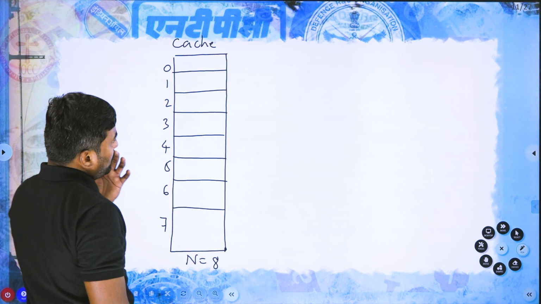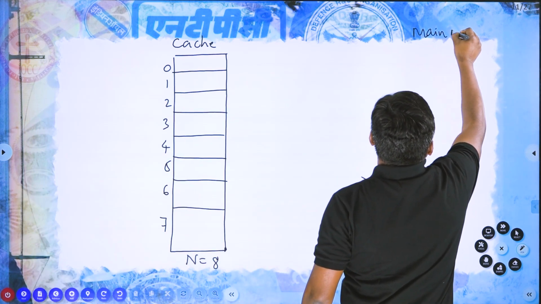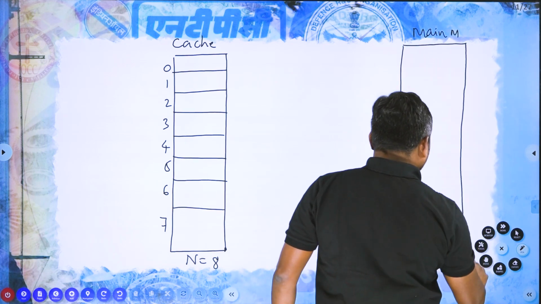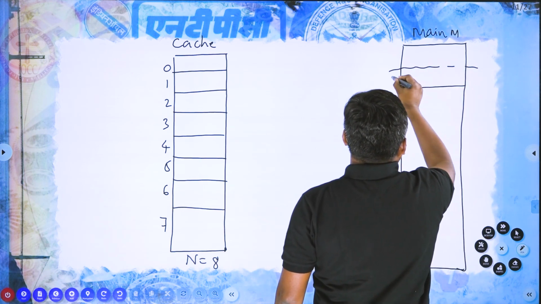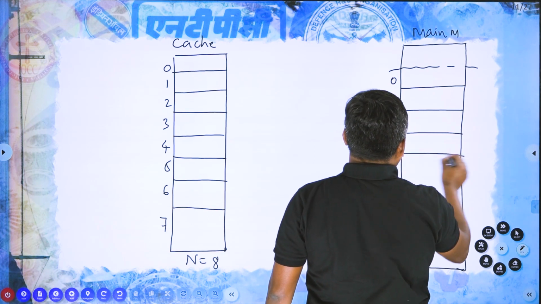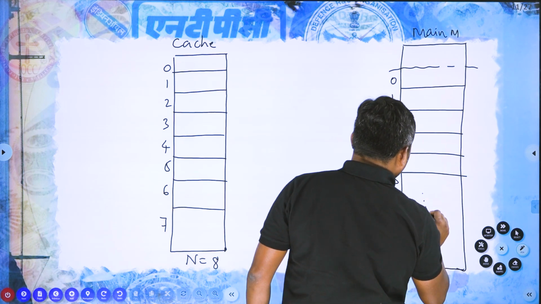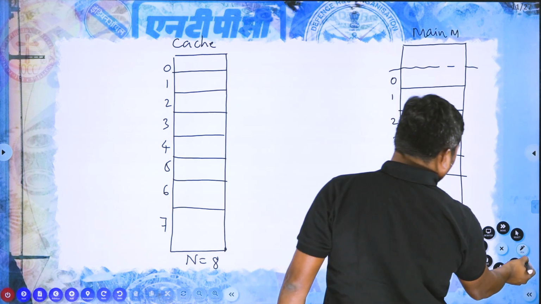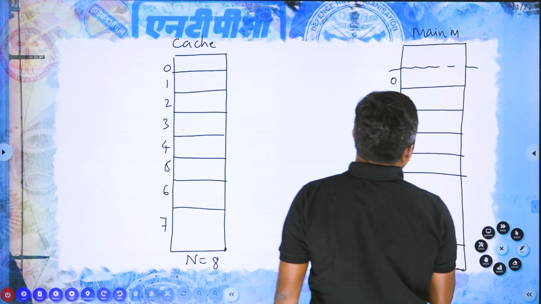Getting my point? Also main memory is there, right? Same thing is there, it is started somewhere: 0, 1, 2, 3, 4, 5, like this up to 33, correct or not? For understanding purposes, let me take it here, because I need to do mapping here.